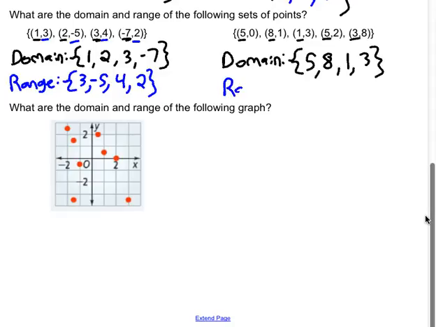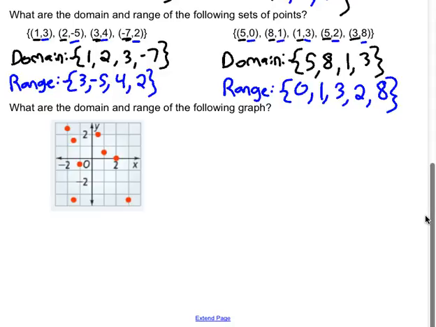Range is going to be y values. So the range of this thing is going to be 0, 1, 3, 2, and 8. So again, really not too difficult when you're dealing with ordered pairs to see where those numbers are coming from.